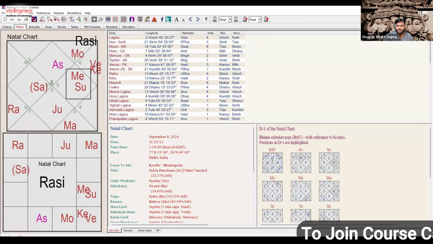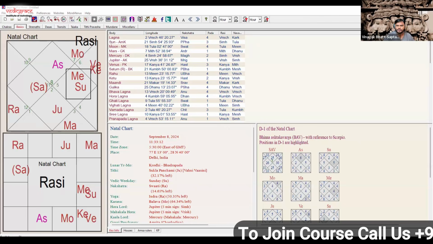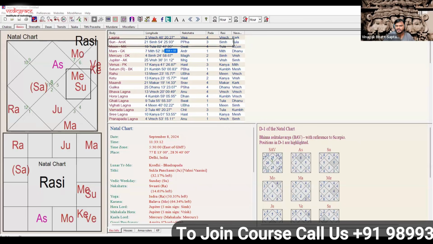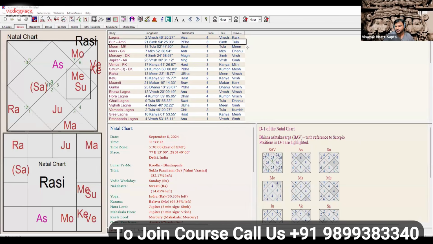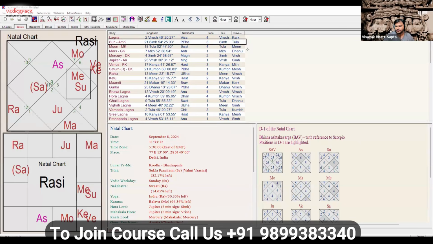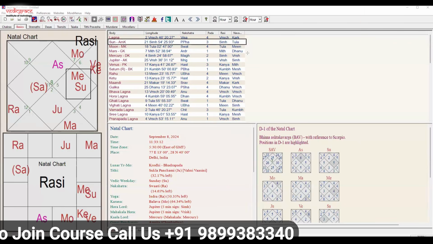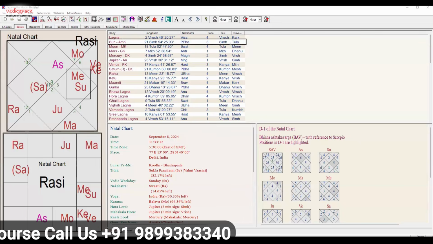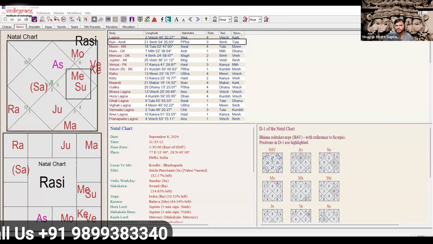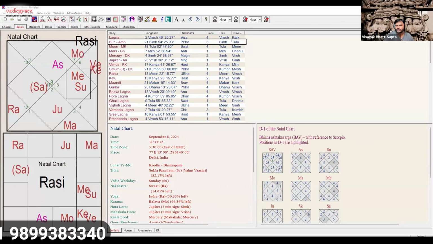So you know Surya in Navamsha is sitting in Tula Rashi. Am I correct? Sun is in Tula Rashi, 21 degree Leo, that is Tula. Tula means Libra. Correct?